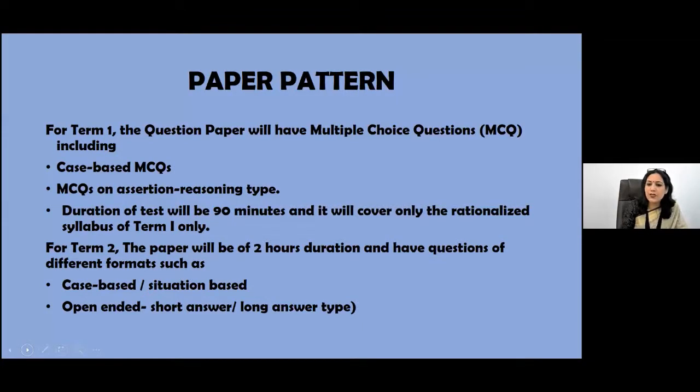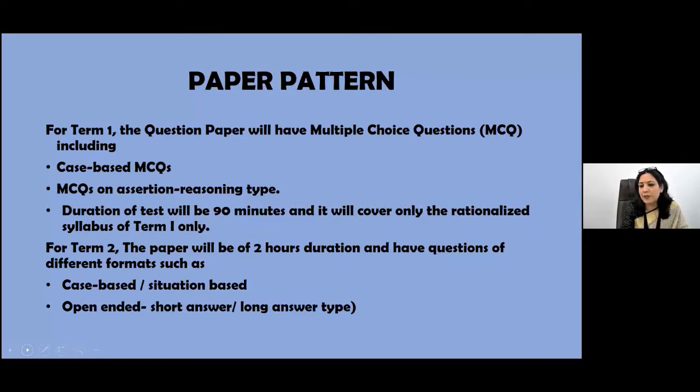The paper pattern, I would just elaborate a little more here. As I've already explained, the duration will be accordingly: term 1 will be 90 minutes, and term 2 will be 2 hours. Term 1 is entirely MCQ based, and in term 2 there will be long answers, so we can say objective and descriptive.